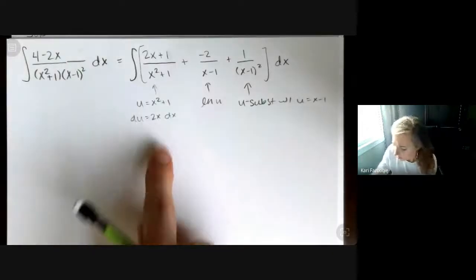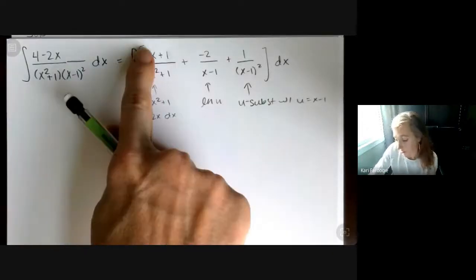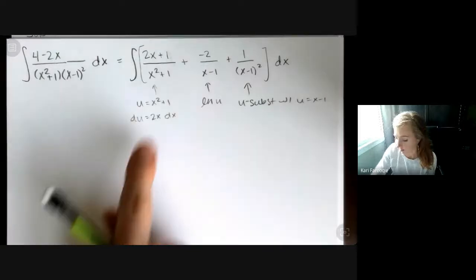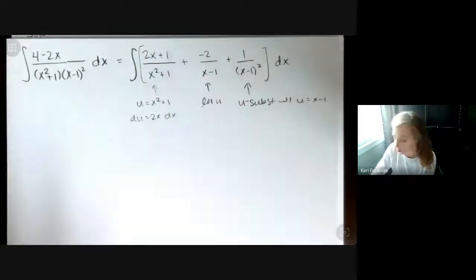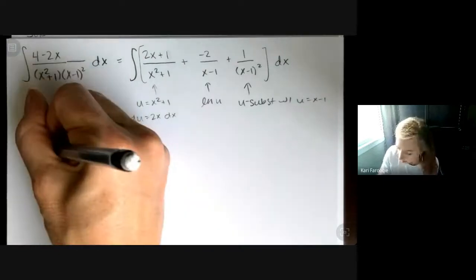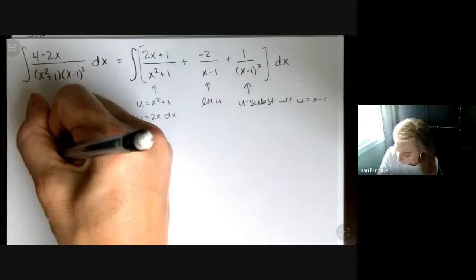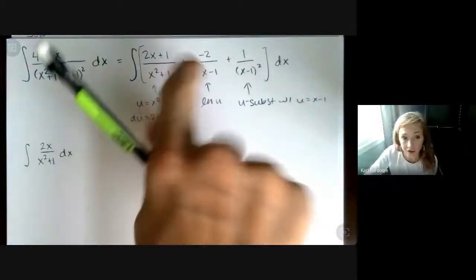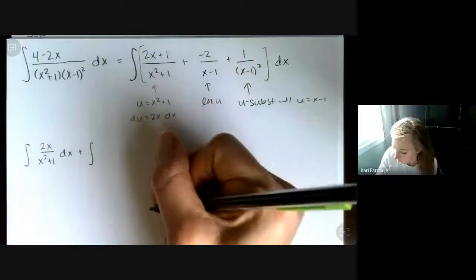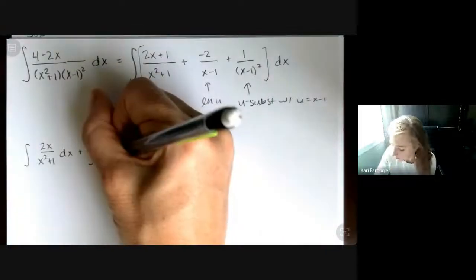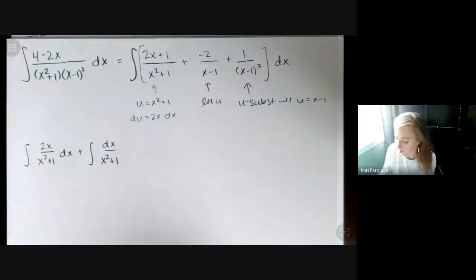So let's rewrite this, because you already know this is actually a really nice u substitution without the 1 on it. So I have 2x dx, great. I don't have the plus 1, but that's fine. Go ahead and split this up so that you have 2x over x squared plus 1 dx, and the plus 1 split off into a separate term, so we'll just write dx over x squared plus 1.